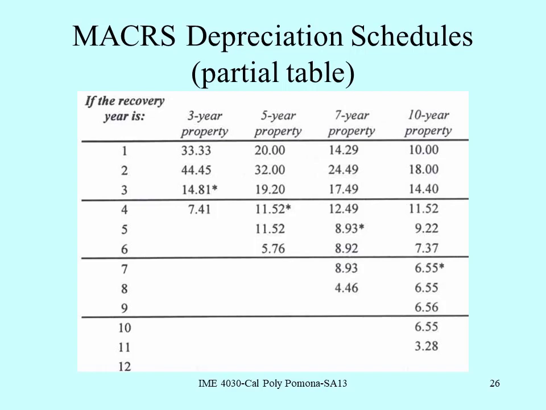For example, your 5-year property class, if you spent $100,000 for a piece of equipment, 20% of $100,000 is $20,000, so $20,000 is your first year's depreciation. So it's pretty straightforward. Let's go to slide number 27.